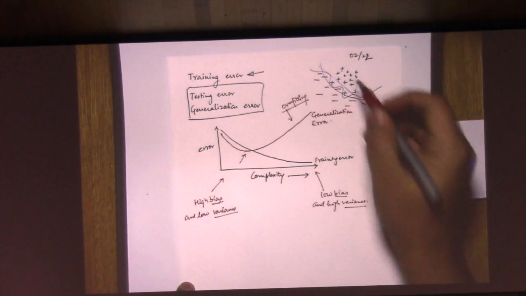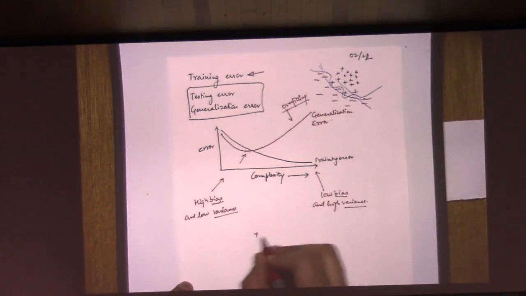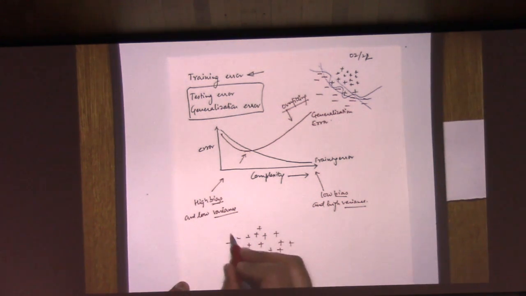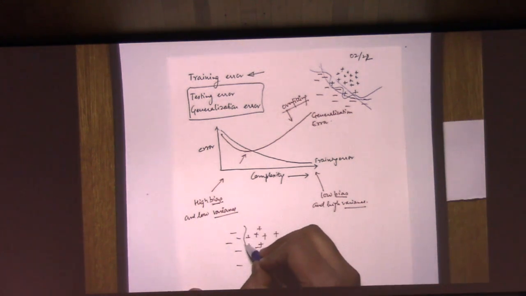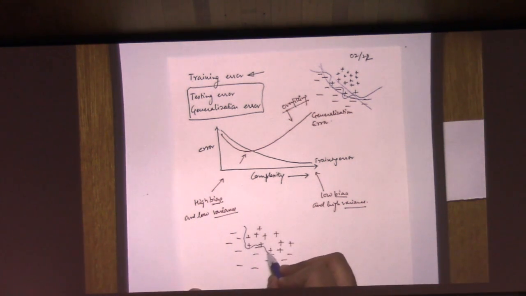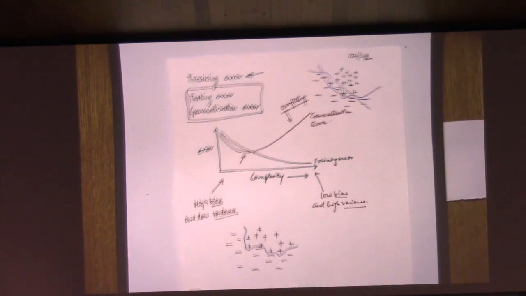But let's consider this example again. Let's say these are some of our positive points, and these are some of my negative points. A model which has a very high variance would try to learn a perfect curve which distinguishes these.